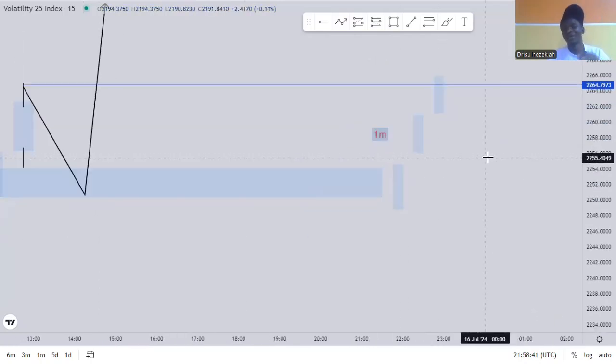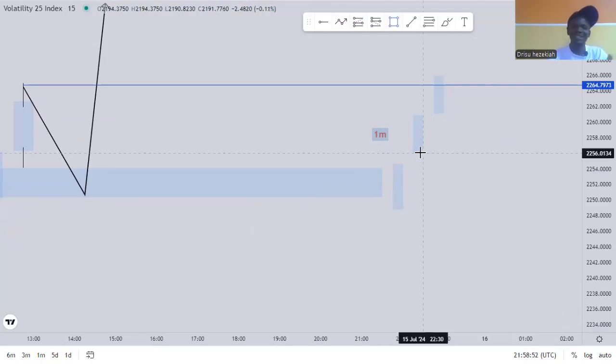More often than not, I'm telling you this out of experience, once the market returns back to this zone, the institutions or the hedge funds, the big players in the market, will launch an order within this zone that creates a gap.